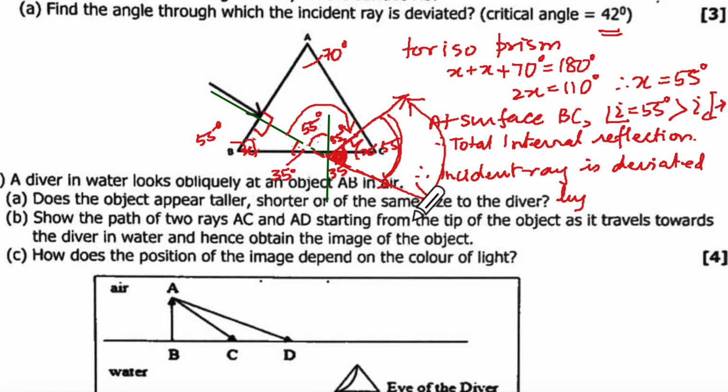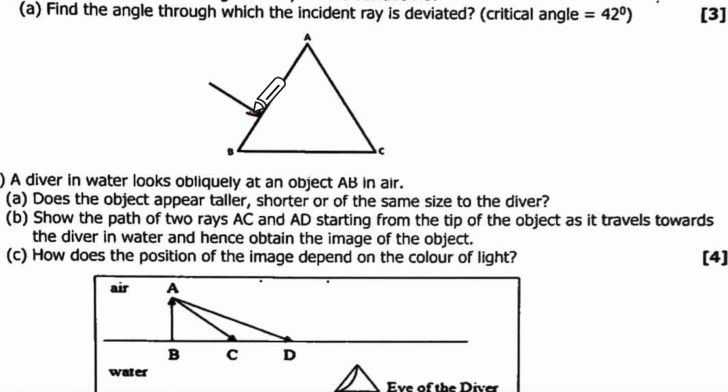See here, this angle over here is 55, correct? This was 55. This was 35.